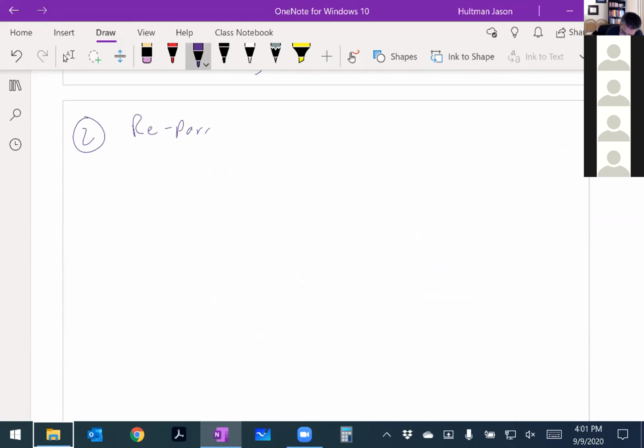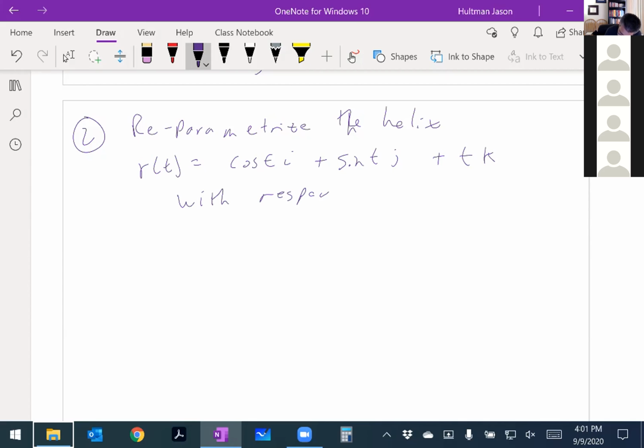Let's reparametrize the helix r of t equals cosine t i plus sine t j plus t k with respect to arc length s, with initial point 1, 0, 0.